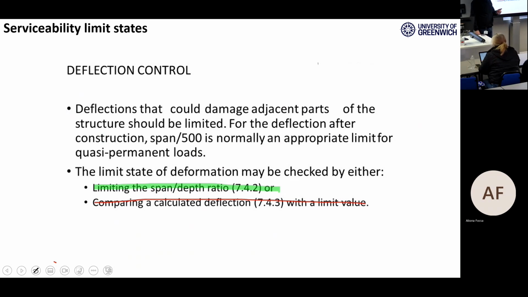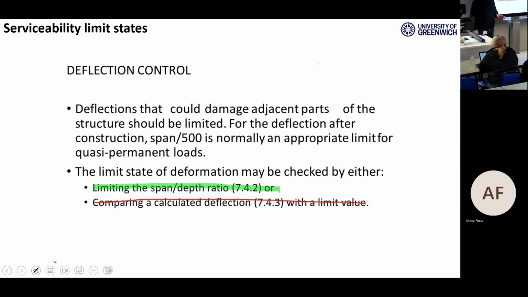It means that if you go for the simple method and you get the ratio should be 14, you get 15. I'm stuck. I cannot change L over D, okay? But if you go to the complex one, it's very likely you will get 13.9 and you're okay. Because you are using a more precise method.